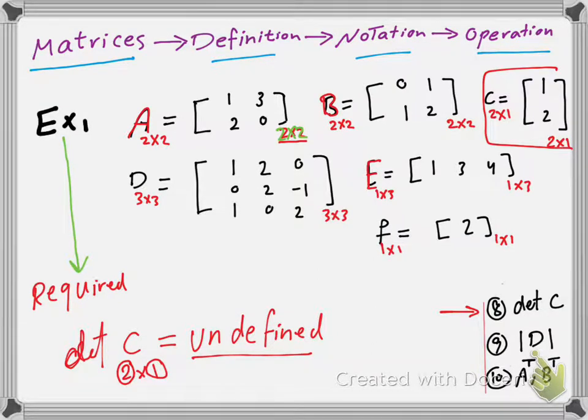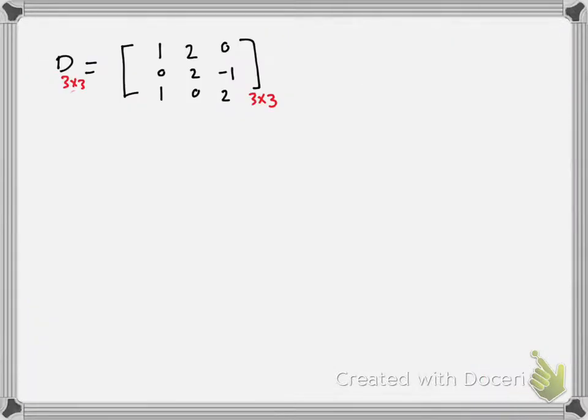In the same way, I'll try to solve number 9, which is the determinant of matrix D. Then let's check. The matrix D here is 3 by 3, that means this is a square matrix, then we can compute the determinant. Then let's do that. To obtain the determinant of the matrix D, how many brackets should I open?